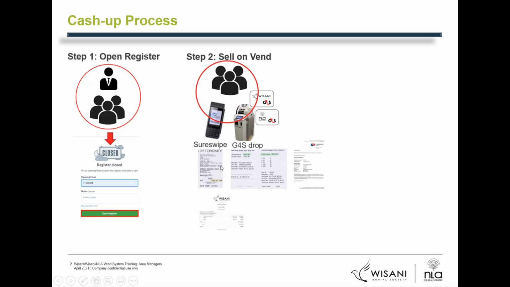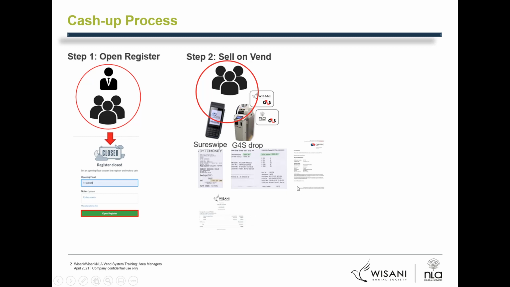So for example, if a person wants to make a card payment, you're going to be using your SureSwipe as well as your G4S drop for cash payments, and then maybe also a person who has come in to have proof of payment of EFTs, and then you will also be printing every time that you have made a sale, printing your receipts that you have emailed to yourself.